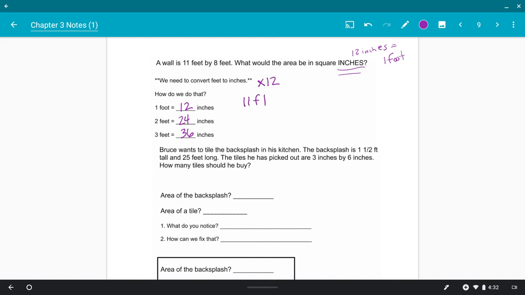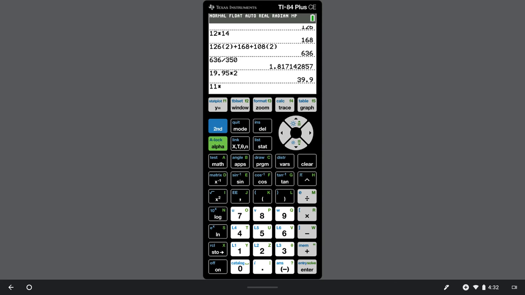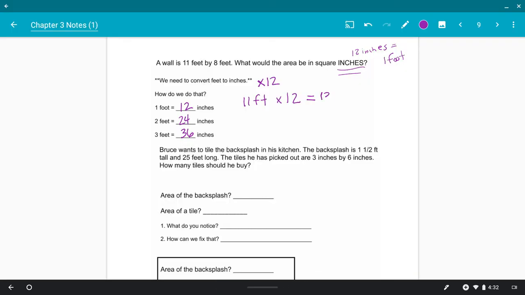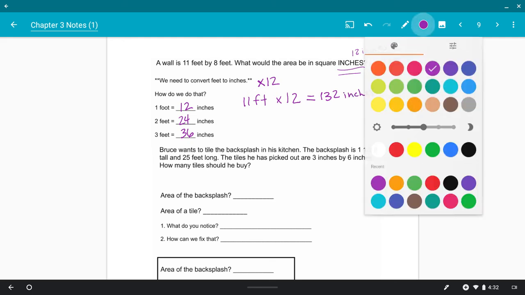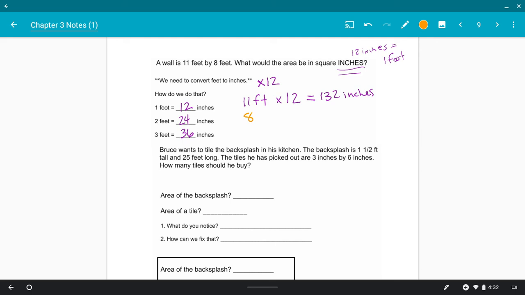So 11 feet times 12 equals 132 inches. Then we need to do 8 feet by 12, which is 96 inches.